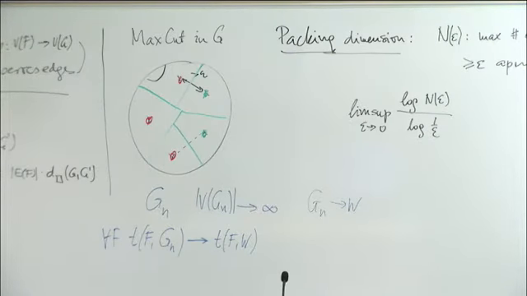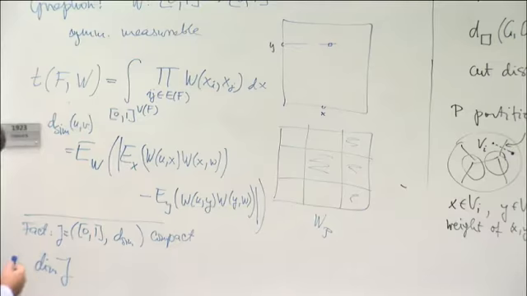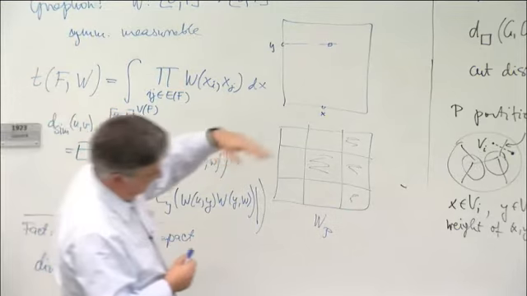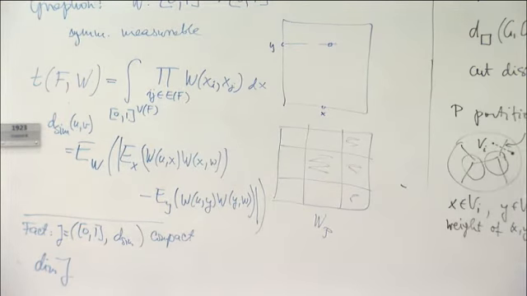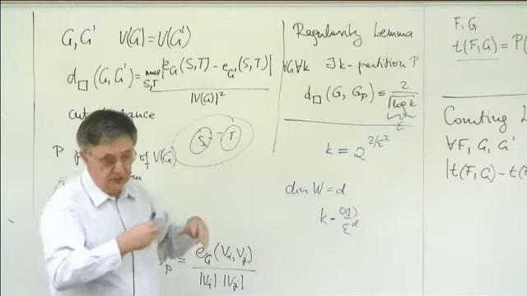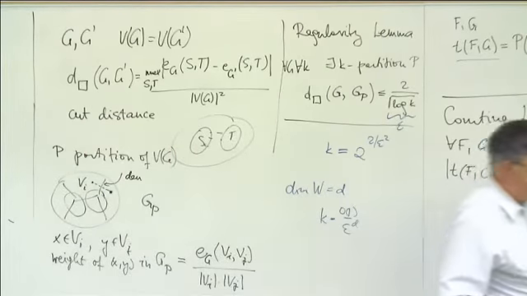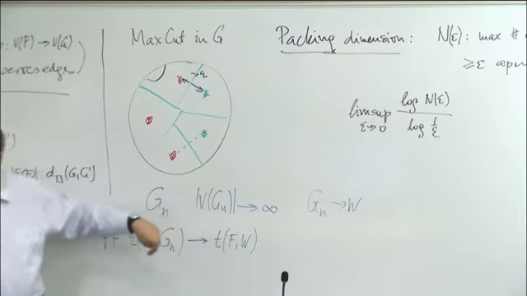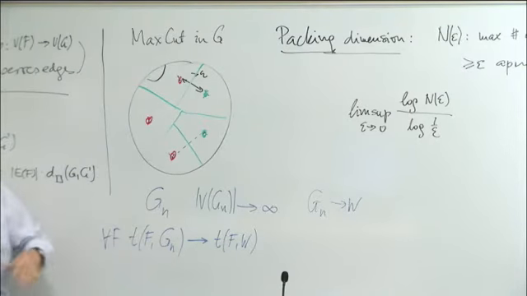And therefore, if we know that the limit has finite dimension, then we also know that not only the limit has polynomial size regularity partitions, but all these graphs have, of course, for a fixed epsilon, a finite graph has to be large enough in order to have any meaningful regularity partition. But as n tends to infinity, for every epsilon, eventually the Gn's behave like that.